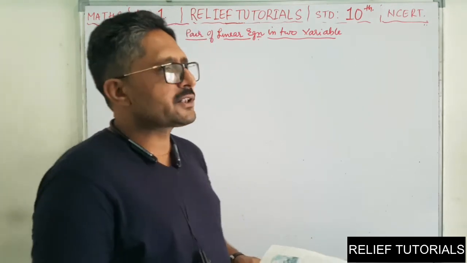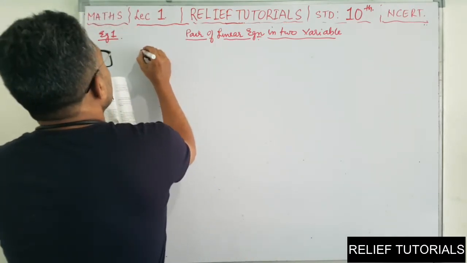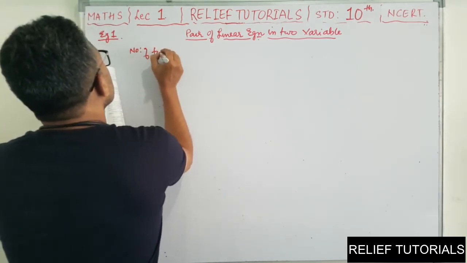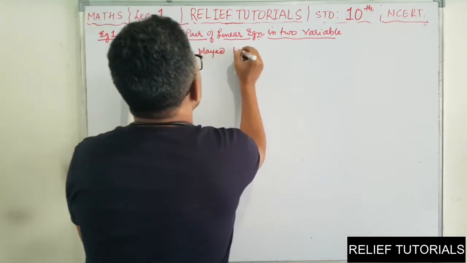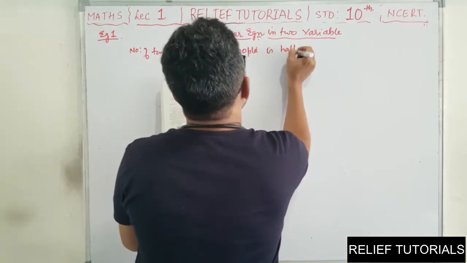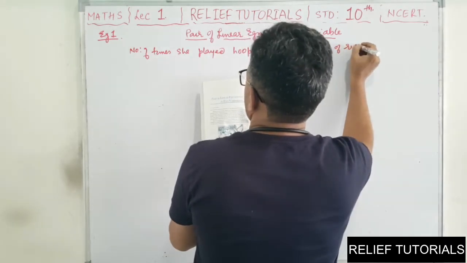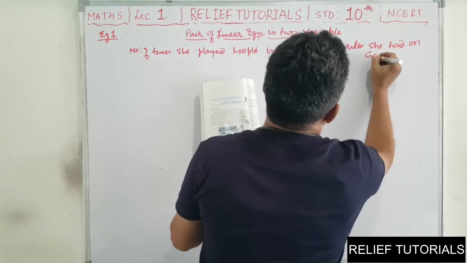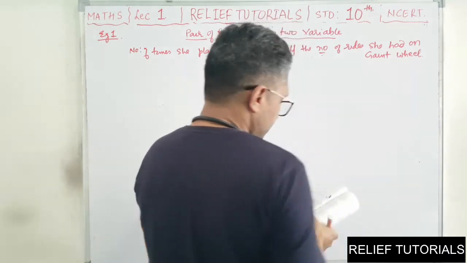So here there are two conditions. I will write those conditions. Example 1: the number of times she played hoopla is half the number of rides she had on the giant wheel. This is one condition.